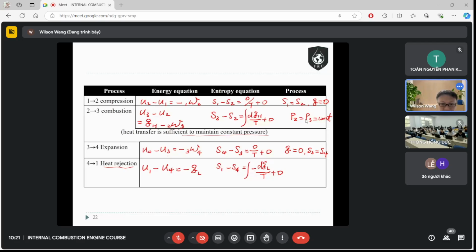There's a negative term because QL is defined from 4 to 1, which is positive, just a different direction.